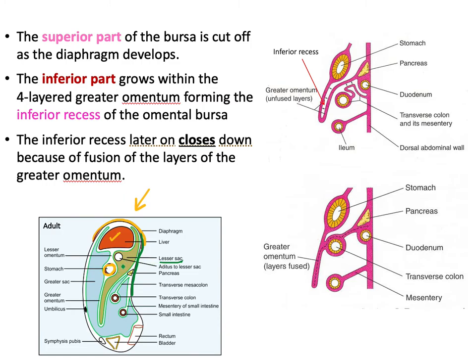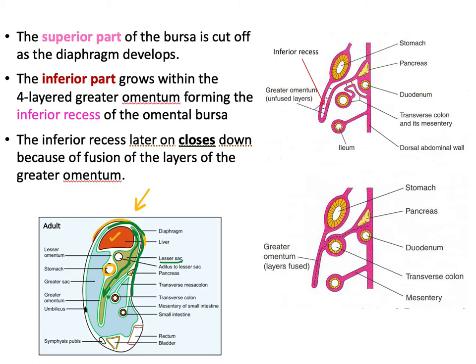So this is the lesser sac behind the stomach and between the stomach and posteriorly the posterior abdominal wall. So it extends superiorly until it's stopped by the diaphragm, and inferiorly it extends between the 4 layers of the greater omentum that form the inferior recess of it. So it has a superior recess and an inferior recess.